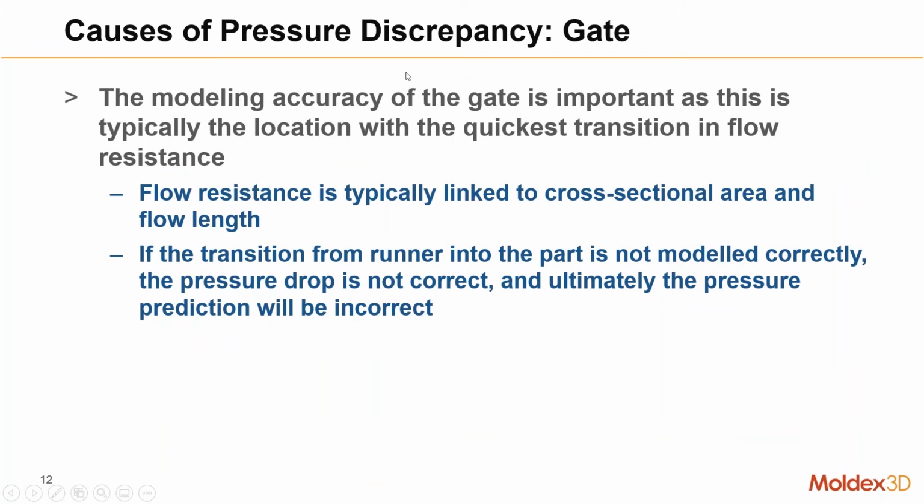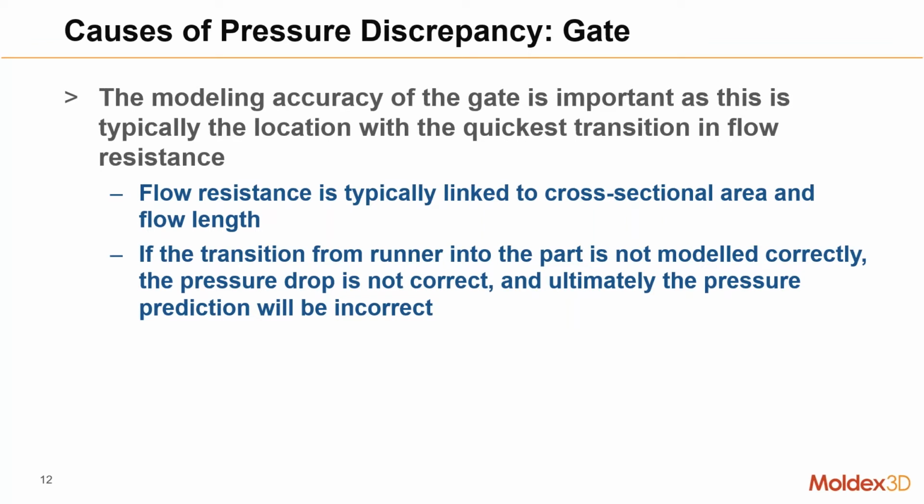All right, the next one here is the gate. So pressure discrepancy due to the gate is actually not as common as you might think. Flow resistance is typically linked to the cross-sectional area and flow length. So as the cross-sectional area decreases, the amount of flow restriction increases.